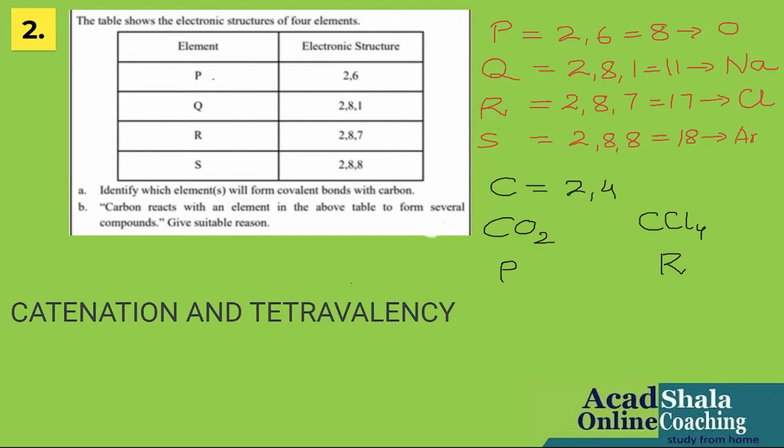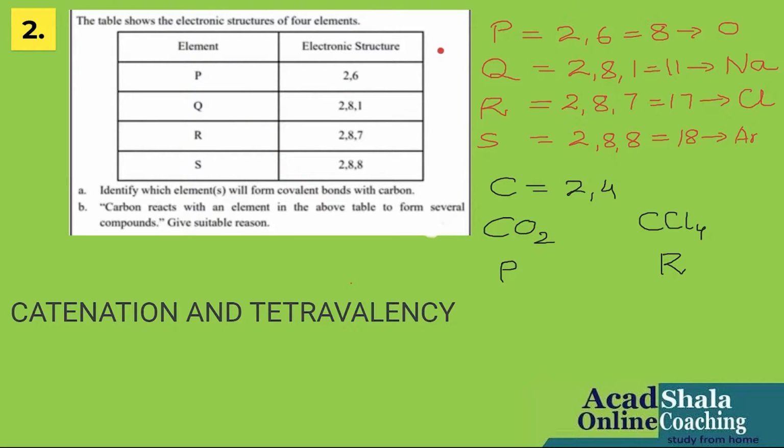So P is 2,6, Q 2,8,1, R 2,8,7, S 2,8,8. Now, since the electronic structures are given, I can also work out the original symbol of each element.